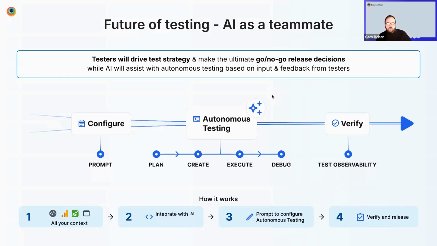So we see this as three stages: configuring, the autonomous testing, which is all centered around the AI piece, and then verifying. And obviously, I mentioned at the start that BrowserStack has been building out our product catalog over the last few years, and we have a lot of things that allow us to focus on this.